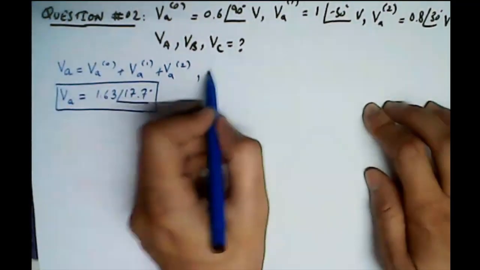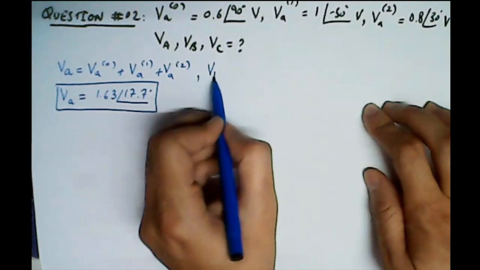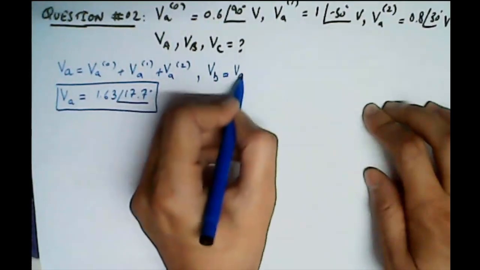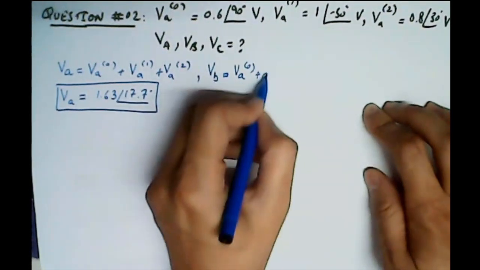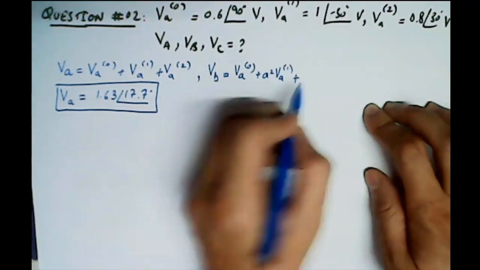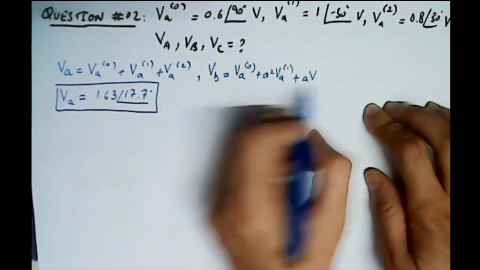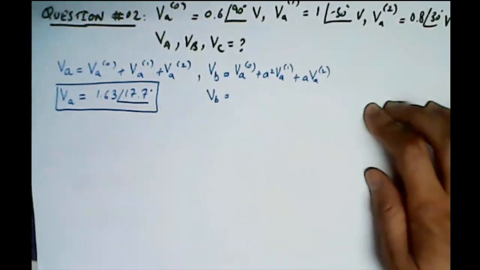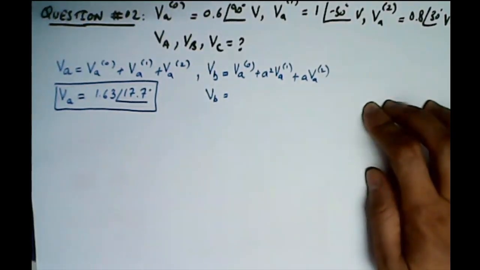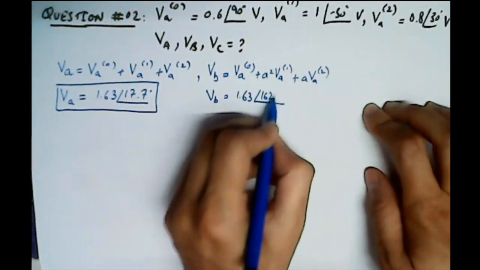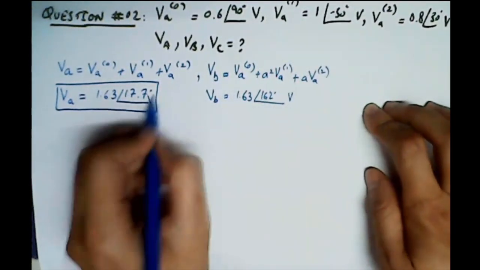Similarly, VB equals VA0 plus a square times VA1 plus a times VA2, and when we solve it, it will give 1.63 angle 162 degrees volts.